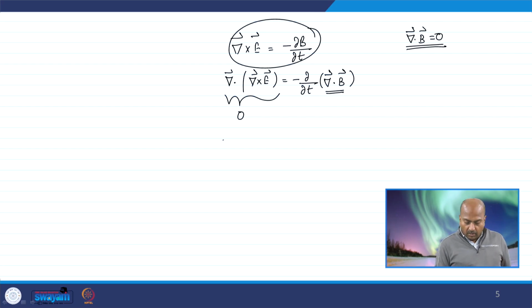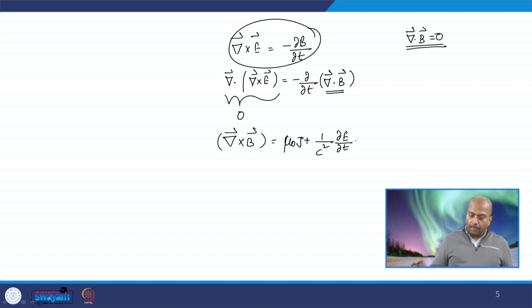And another equation that we can think of is del cross B is mu naught J plus 1 by c square dou E by dou t. Let us take a dot with del from the left.